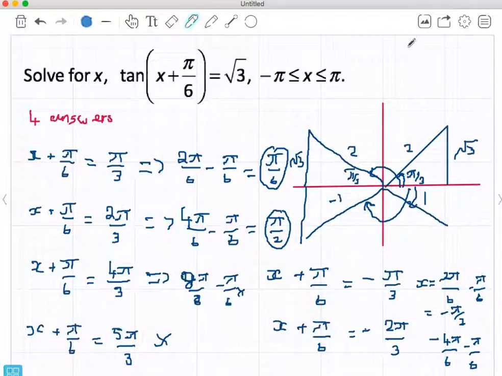So I actually have all these answers as pi over 6, pi over 2, minus pi over 6, nice bit of symmetry to it, and minus pi over 2 from here. I have checked out various other answers, but those are the only 4 answers that work.